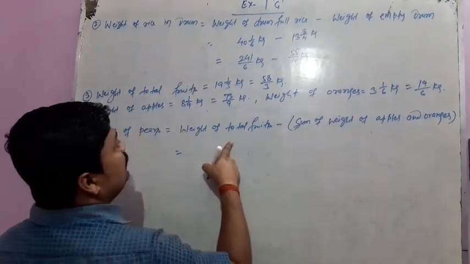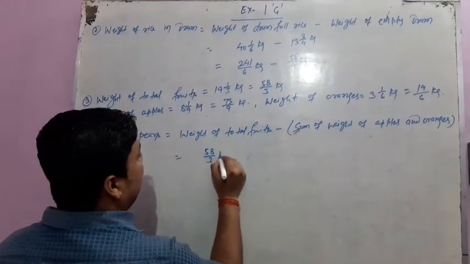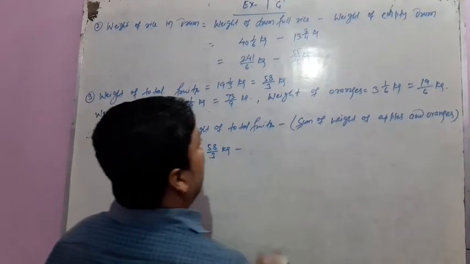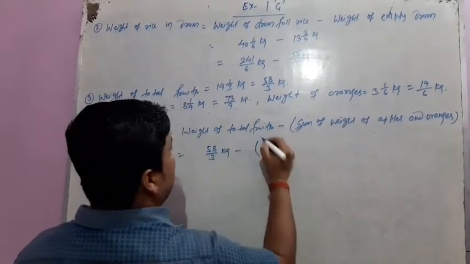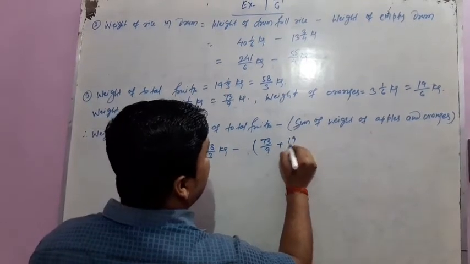So weight of total fruits is here 58 by 3 kg, and the rest two fruits are 73 by 9 kg and 19 by 6 kg.